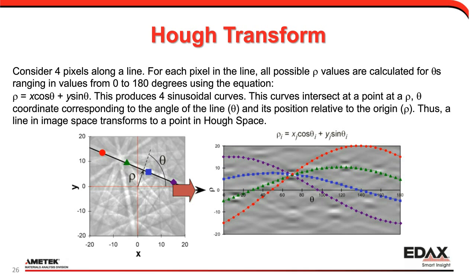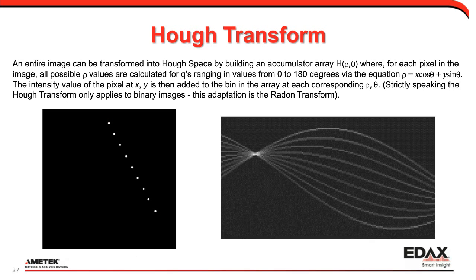But if those points are along a line, all those curves converge at a single region of Hough space. Okay, so we can show that schematically here. If we look at it in black and white space here, this just shows a line with a number of white dots. We see the curves in the Hough transform on the right, and we see, as we sum up the intensity along those curves, we get a bright region where they all converge.